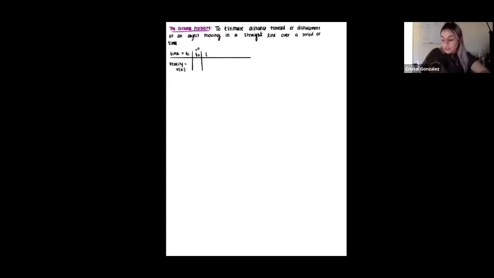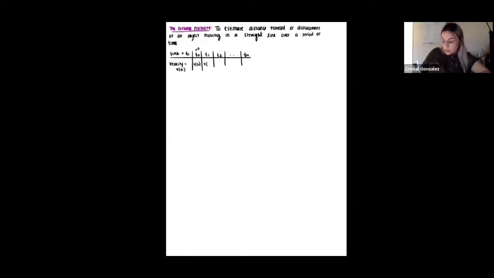Then we'll get T1 for the second time step. Now the second time T1 could equal anything. It could equal 1 second, 2 seconds, 3 seconds, 4 seconds. It doesn't really matter. And then we'll get T2, and then we'll go all the way to the Tn time step, whatever time step you're ending in. And then for our velocity, we want to know the velocity at that specific time.